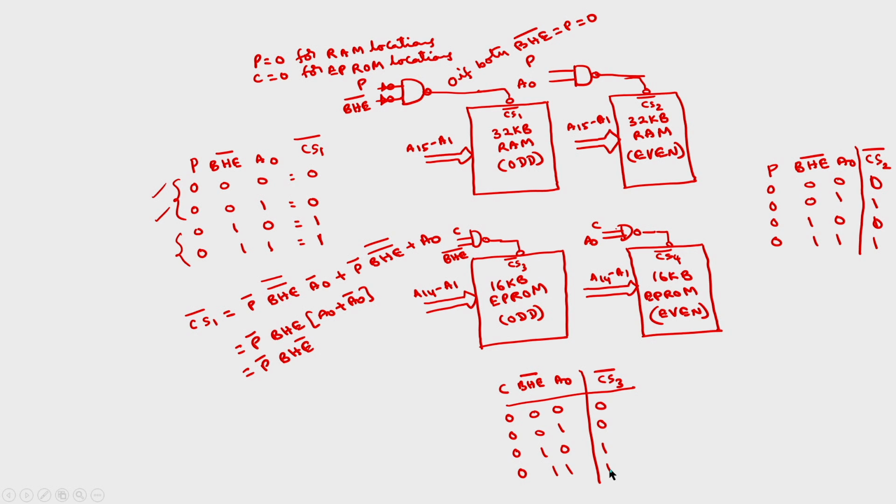If I take the Boolean expression here, A0 varies from 0 to 1, which will get cancelled. So only C and BHE bar will be there, and you have to connect them through a NAND gate.